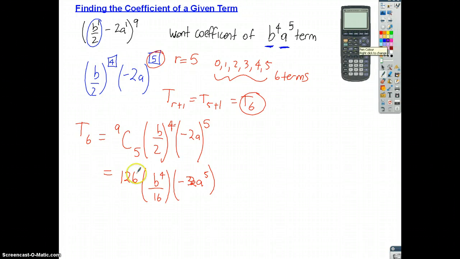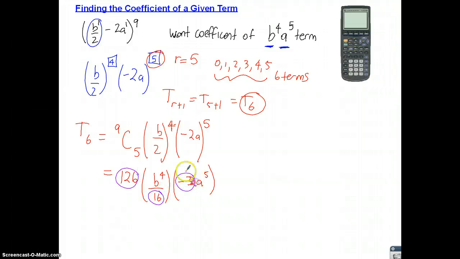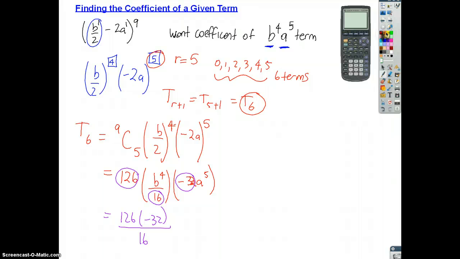So the coefficient is going to come from 126 times negative 32 all over 16, and the algebra part of our term is the b to the 4, a to the 5 part, which is what we're looking for up there.